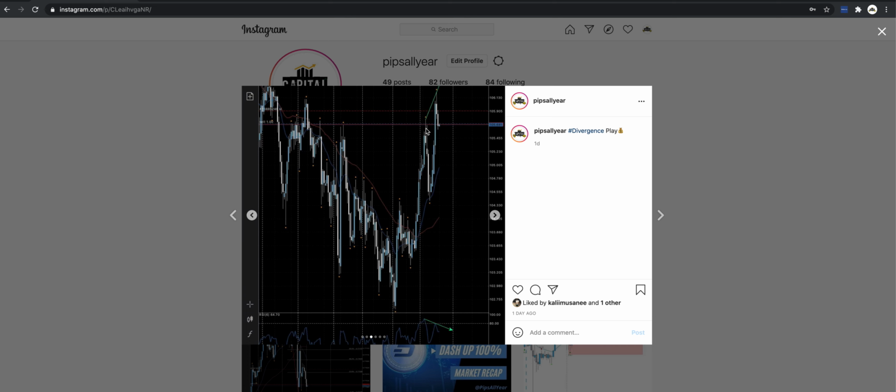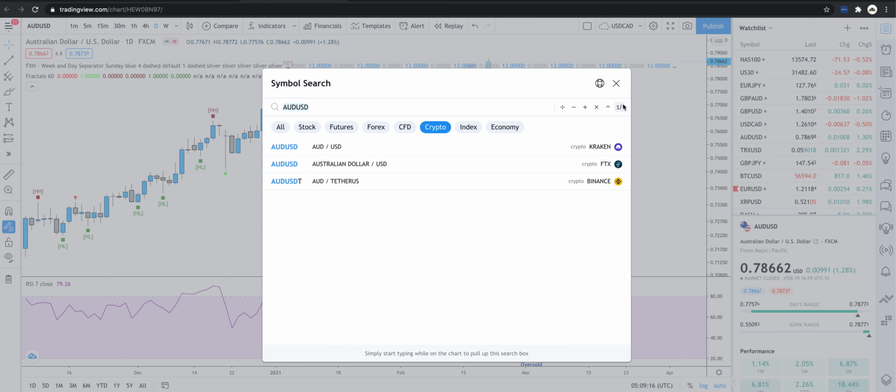Divergence is when you get higher highs or lower lows on the price, but then you look at the strength on the RSI and you're getting a lower high from a higher high. This one is going up, this one's going down. That's a divergence type of play.